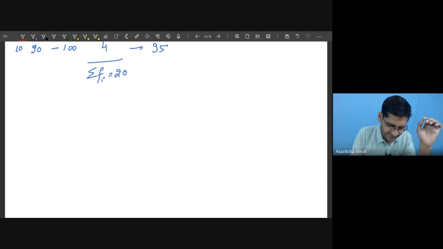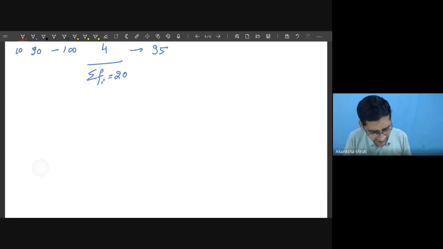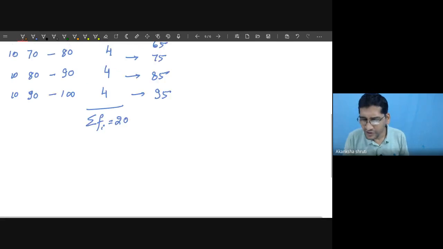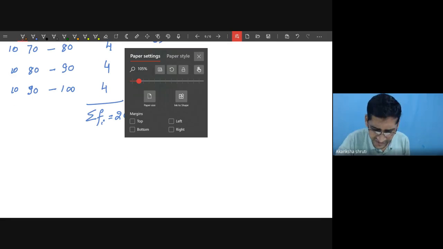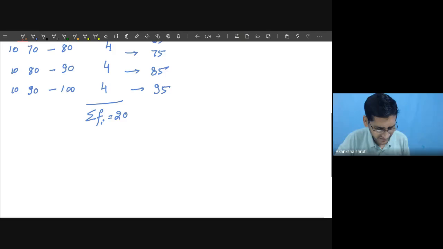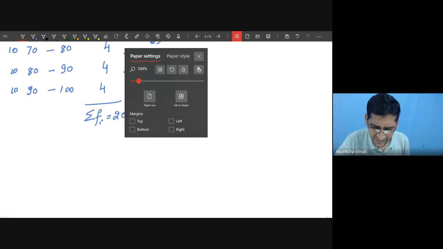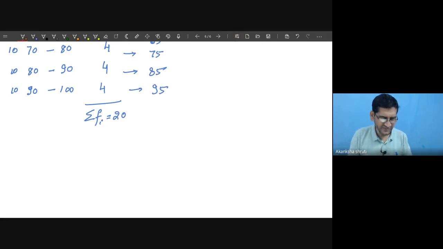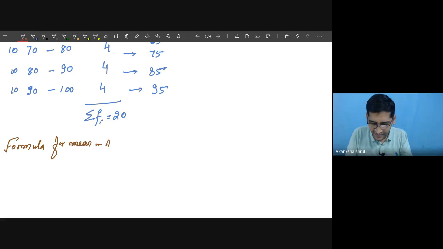So write the formula for the mean or average of grouped data.